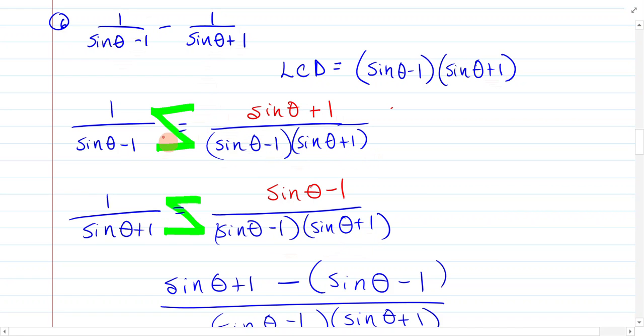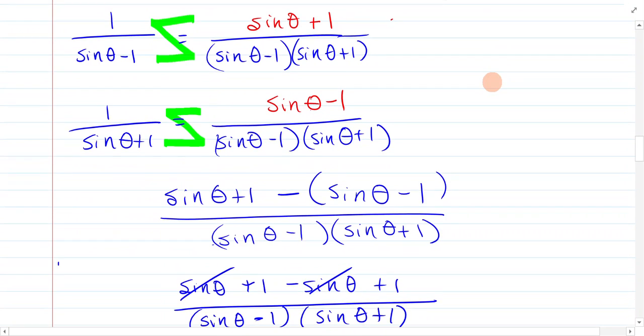So I teach equivalent fractions with a backward Z. So I say sine theta minus 1 goes into this. What's left? Oh, the sine theta plus 1. Go up, multiply it by whatever's here, and then that goes here. So you end up with sine theta plus 1. Sine theta plus 1 goes into this, only leaves this. Go multiply it by 1 and end up there.